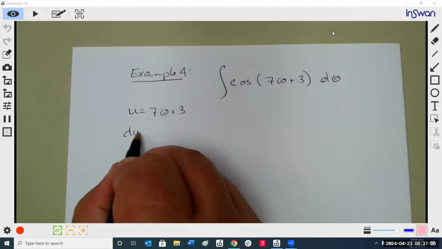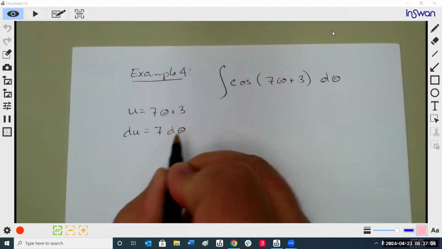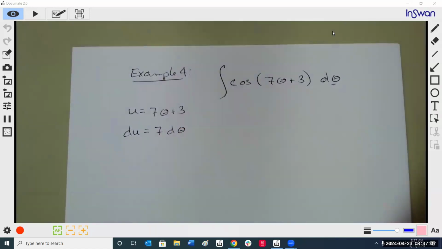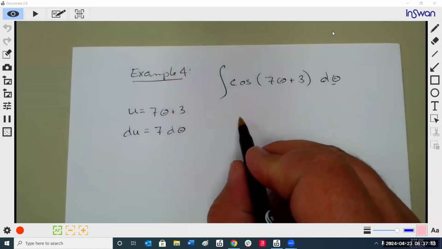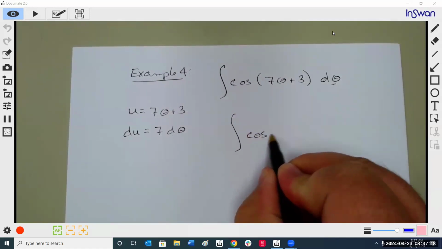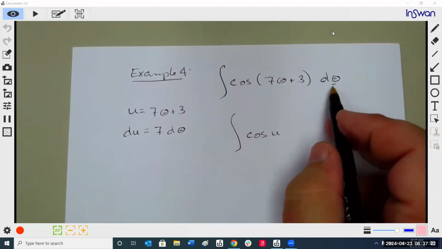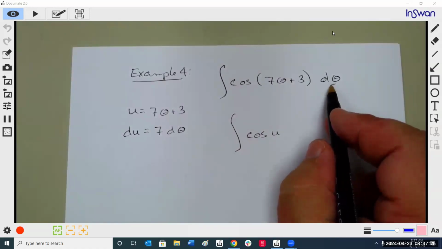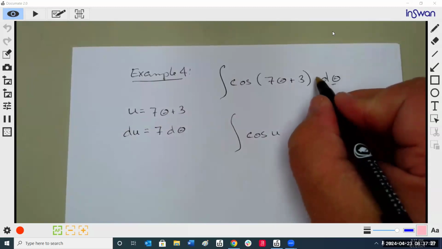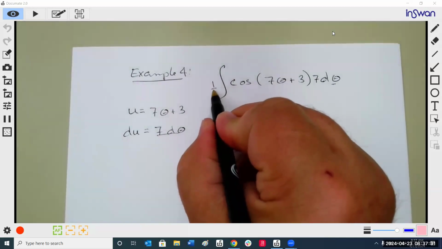So what's du? d theta, since this is in d theta. But you're right, it's whatever the operation is. So now we substitute. So we have cosine of u. Uh-oh. We have to put a 7 there because we need that. And then we have to put a 1/7 in front.